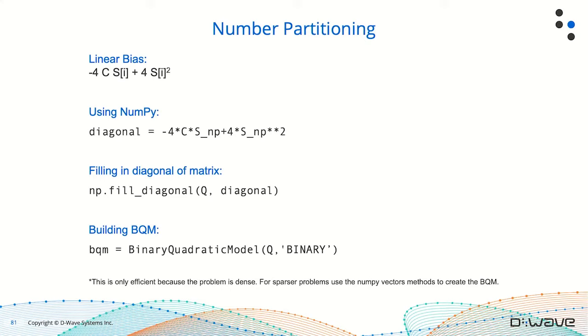And then I'm going to also add 4 times this S vector squared. And when I do squared like this in NumPy, it's going to square entries element-wise. So this is going to be filled with S0 squared, S1 squared, S2 squared, and so on in there.